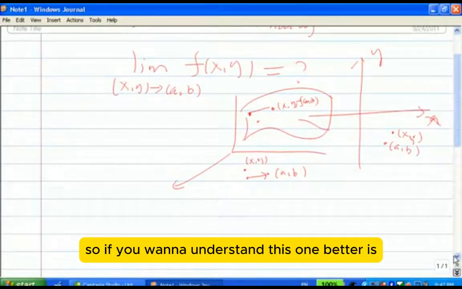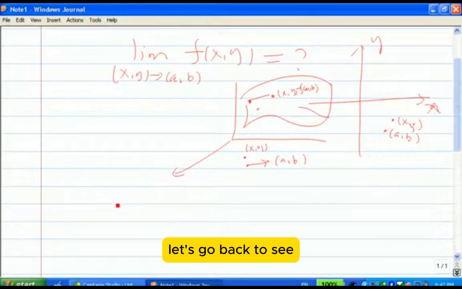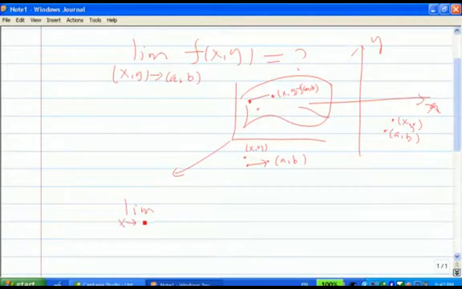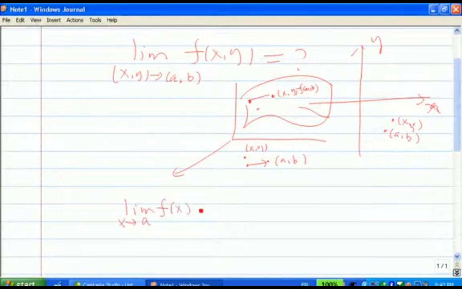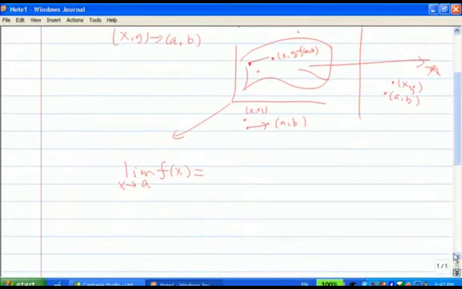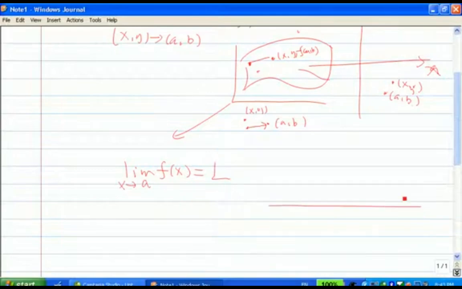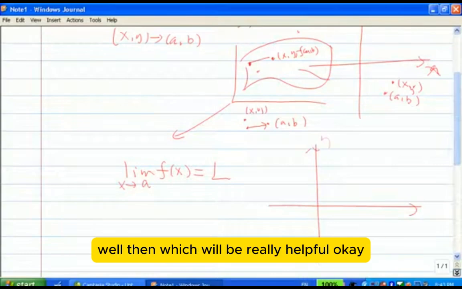If you want to understand this better, let's go back to the limit for a single variable function, x goes to a. What does this mean? If you understand the single variable function well, it will be really helpful.